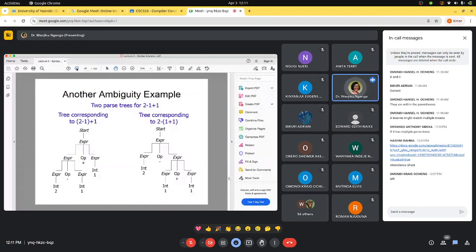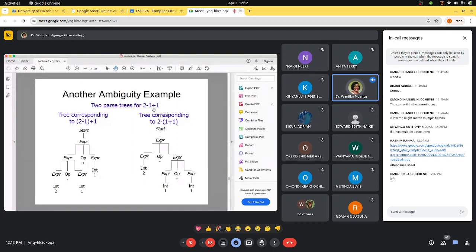So we have 2 minus 1 plus 1. In this case, the challenge here is that the operators are of the same precedence. So minus and plus have the same precedence.